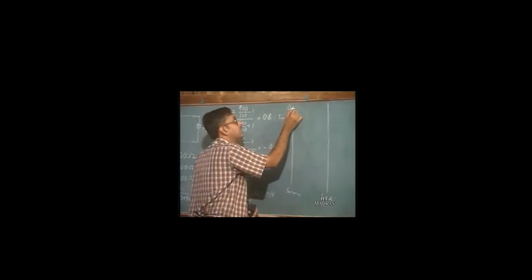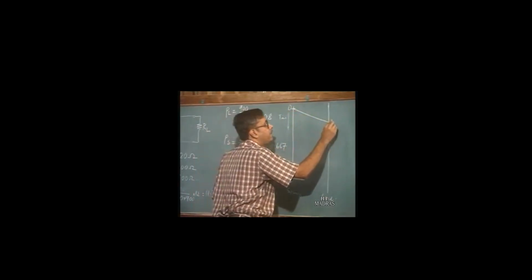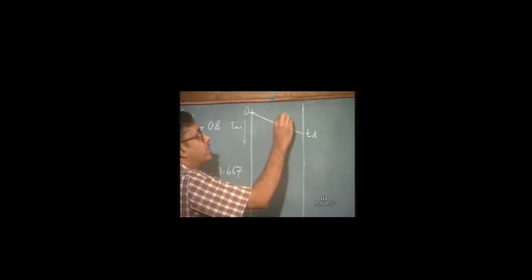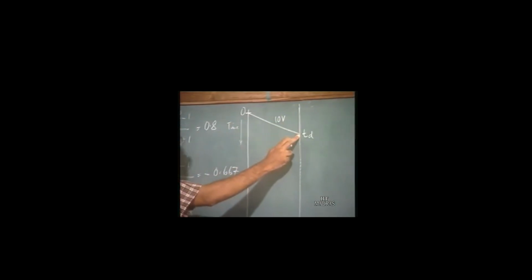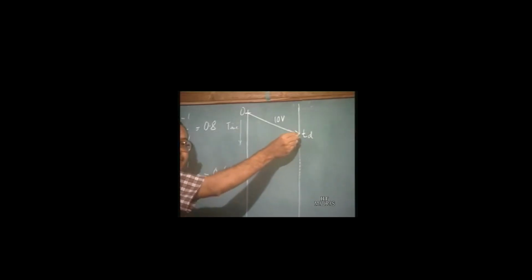So in this diagram, this is at time t equal to 0. At time t equal to Td, you have 10 volts. This 10 volt front moves and reaches the load end, and then it gets reflected.